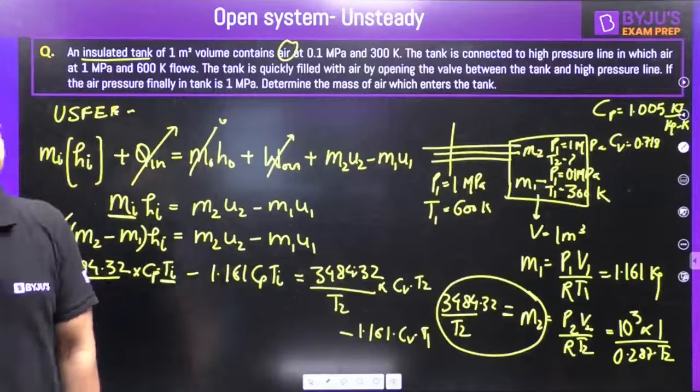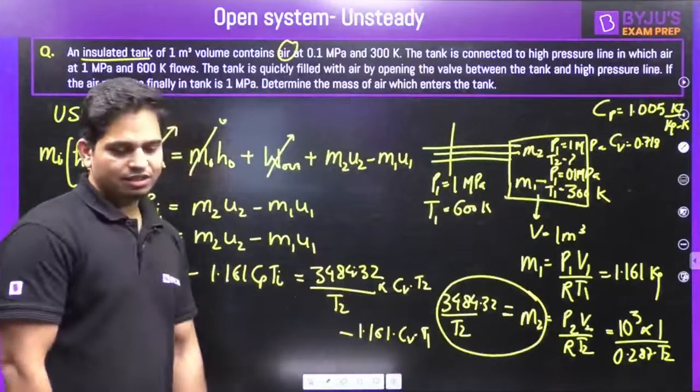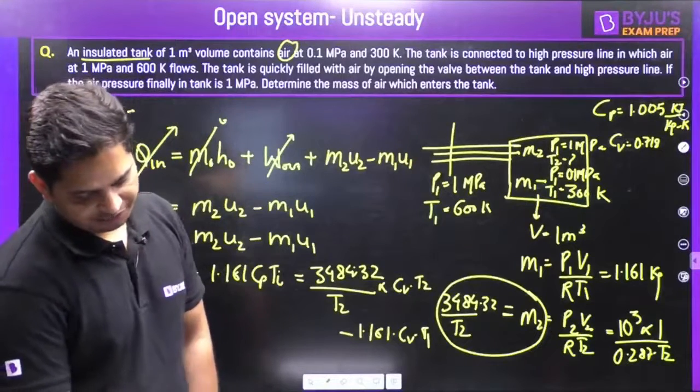Some calculation mistake maybe, because the values are fairly simple. Okay, CV is 0.718.